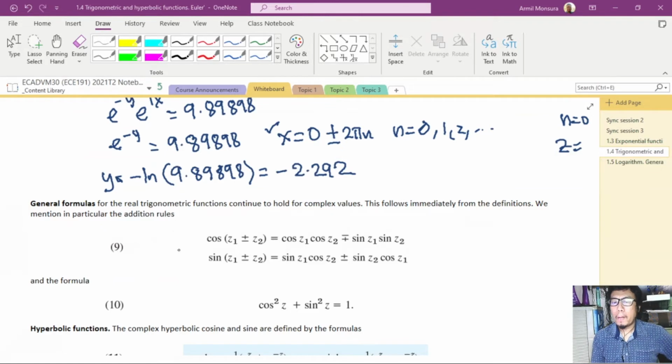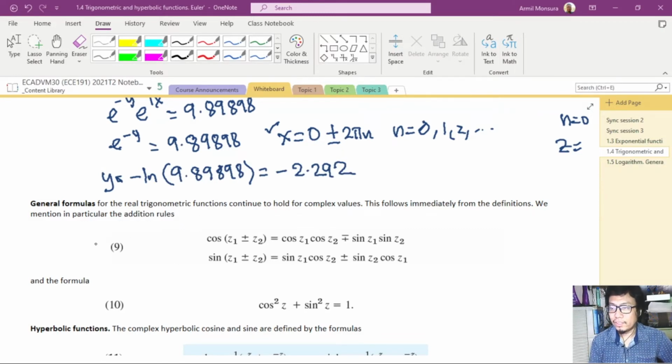Now, even though we are in the complex domain, take note that the identities that you were able to establish using real numbers actually hold true also for complex numbers.